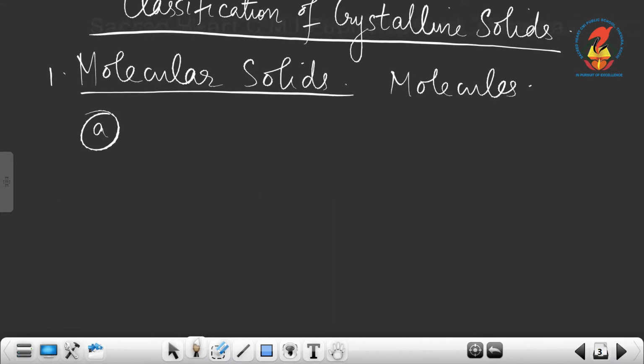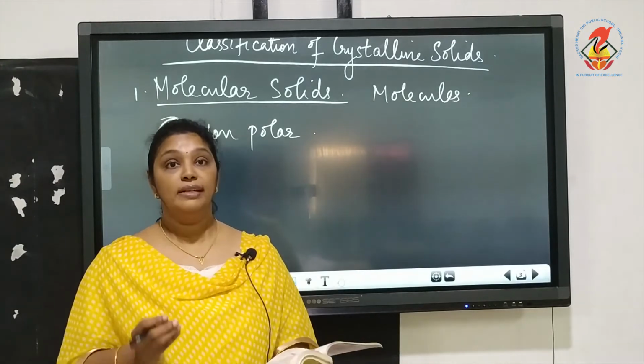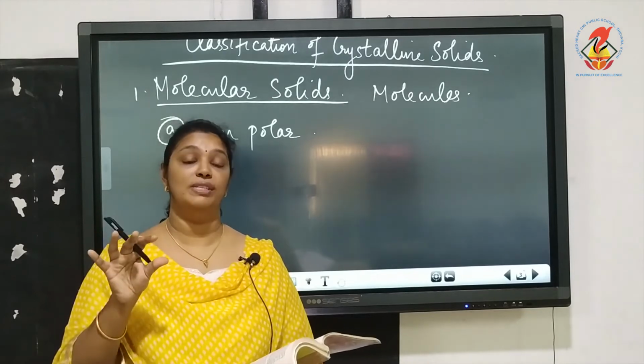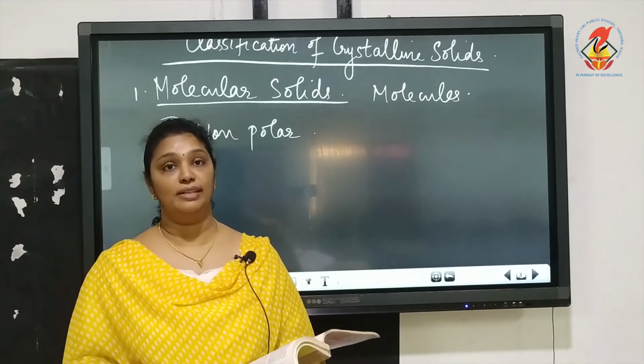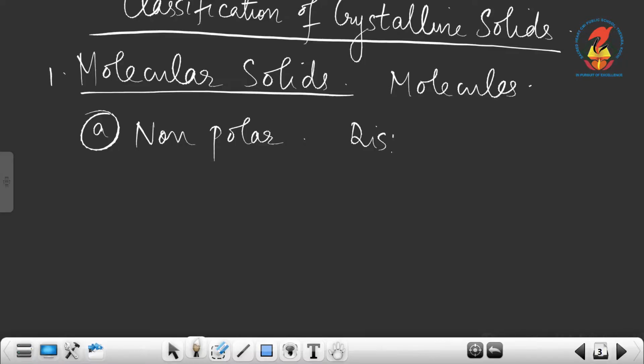So, next we are going to see the classification of molecular solids. The first one is non-polar molecular solids. In non-polar molecular solids also, the constituent particles are molecules. Now, what is the force of attraction or binding force present in non-polar molecular solids? It is the dispersion or London force.